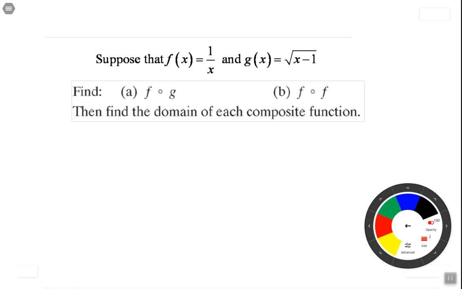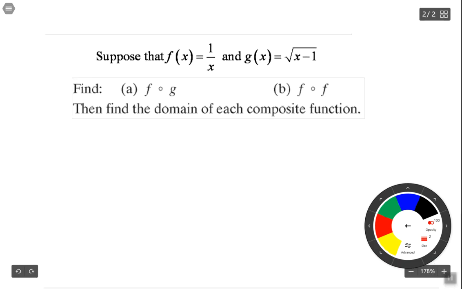All right, you're finding the domain of each of the composites. So what we're doing is putting one inside the other, and then looking at it. Remember, this is the outer, I'm just going to put an O, and this is the inner.